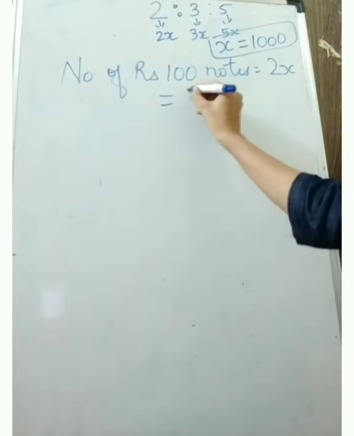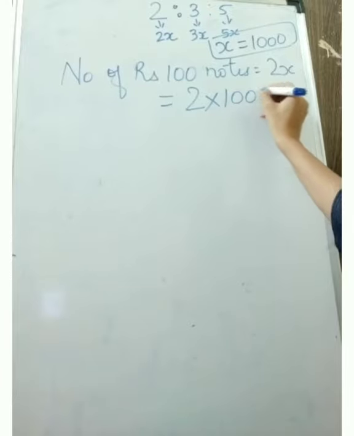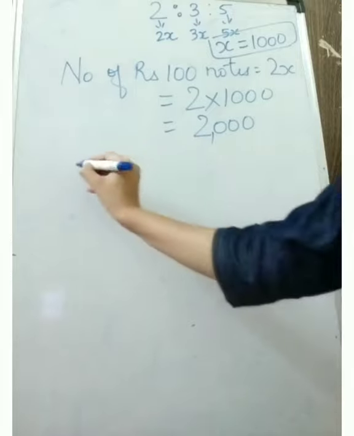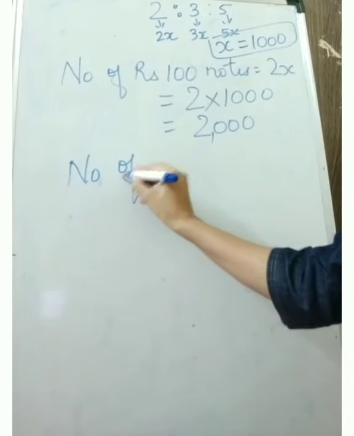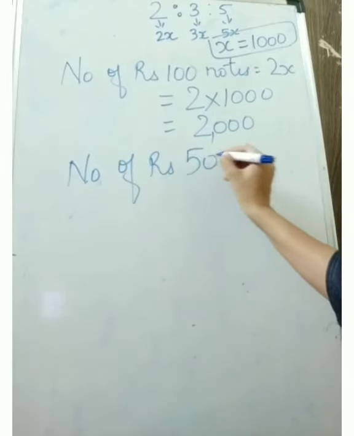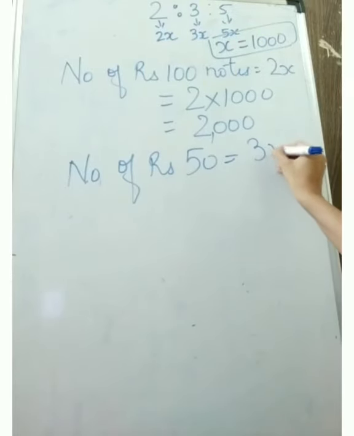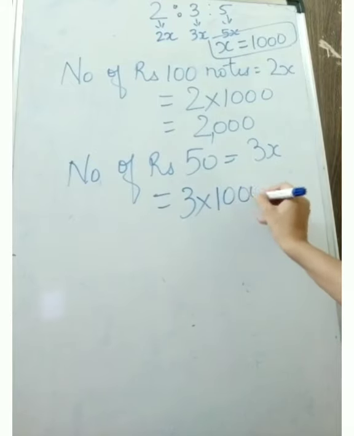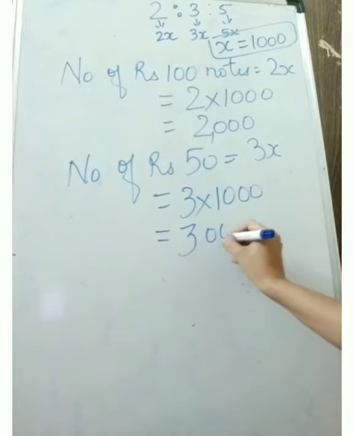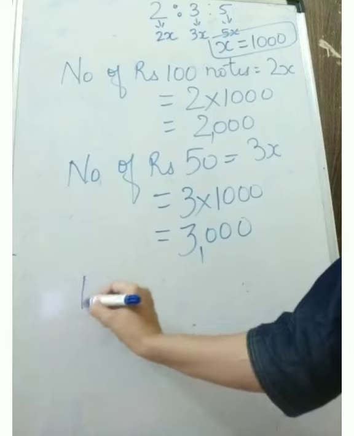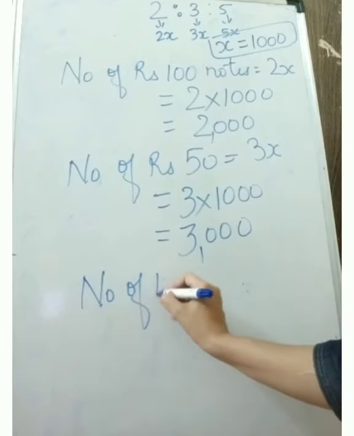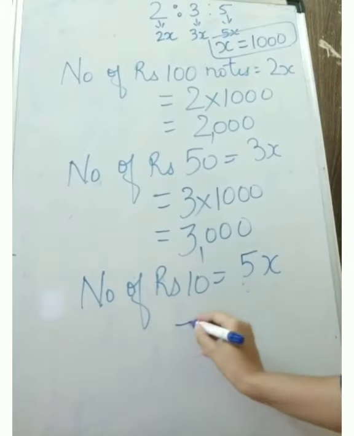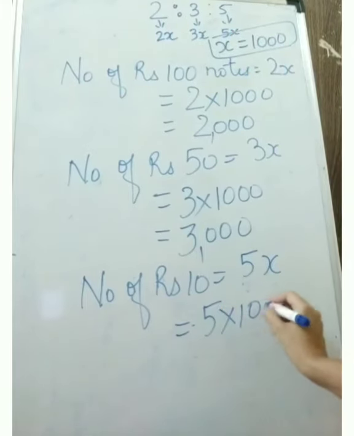So we will multiply 2 with 1000, so it gives you 2000. Now number of rupees 50 notes is 3x. So 3 multiplied by 1000, because the value of x is 1000. So it will become 3000. Now number of rupees 10 notes is 5x. So 5 I will multiply with 1000.